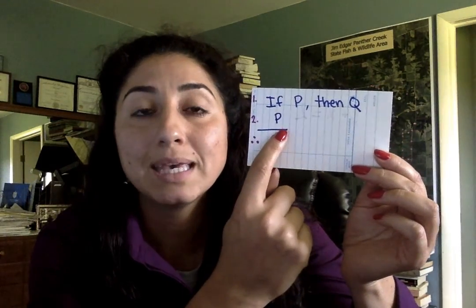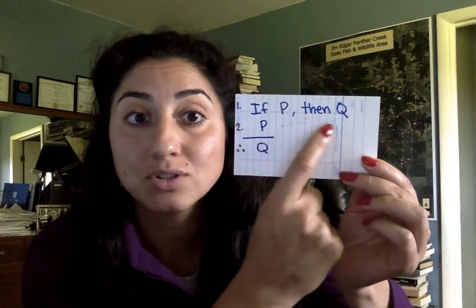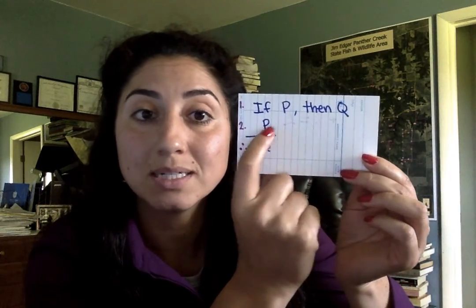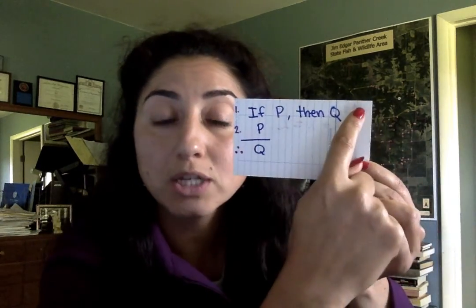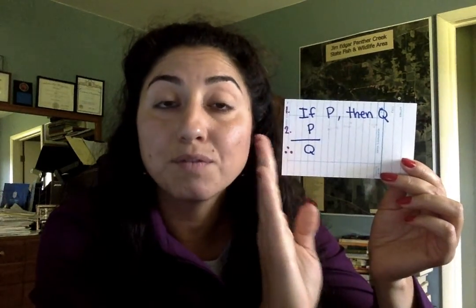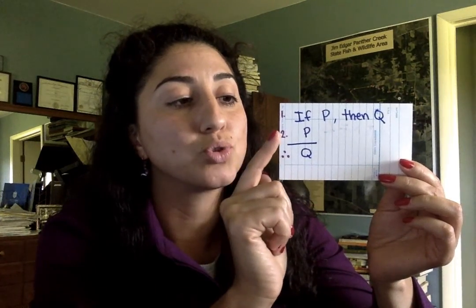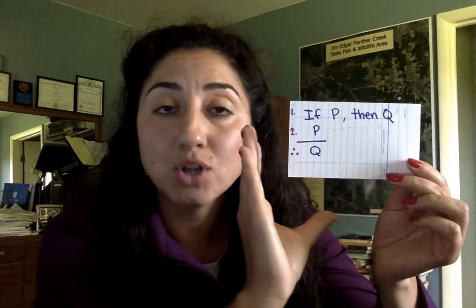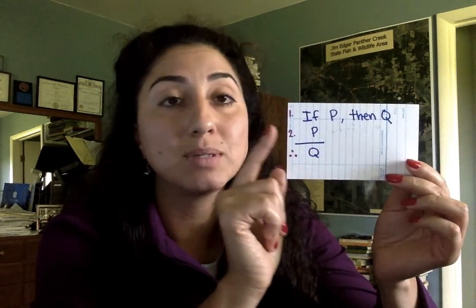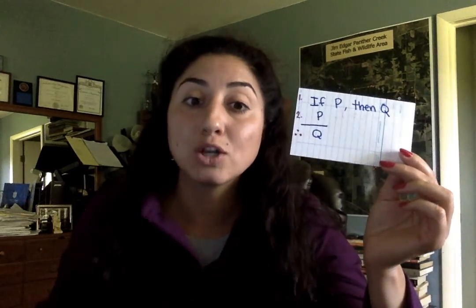Since P is a false statement, the conditional statement that rests on the antecedent is also false, meaning the whole conclusion, though it's valid because if the premises were true the conclusion would be true, is an unsound argument because one of the premises or both of the premises is false, and so the conclusion is false.